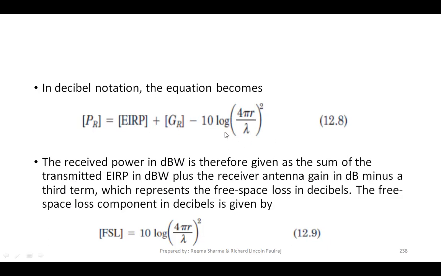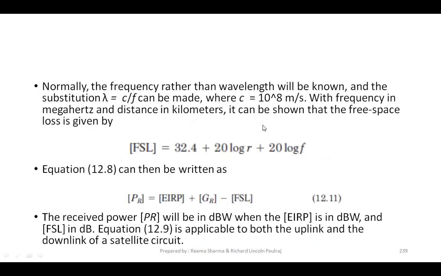So this is nothing but your free space loss. This FSL, in short free space loss, is given by 10 log (4 pi r divided by lambda) whole square. This one also you will have to remember because we will be using this formula in many such situations. Basically, it will be used for your problems.